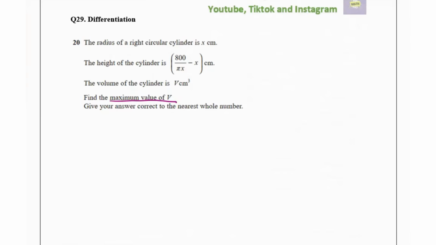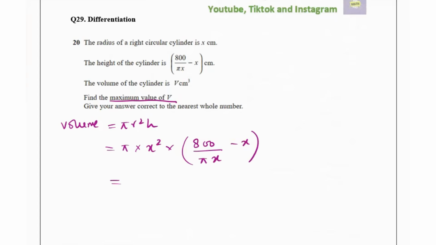So for the volume of the cylinder, the equation is pi r squared h. r over here is x, so pi times x squared, and h is 800 over pi x minus x. So let's simplify this.